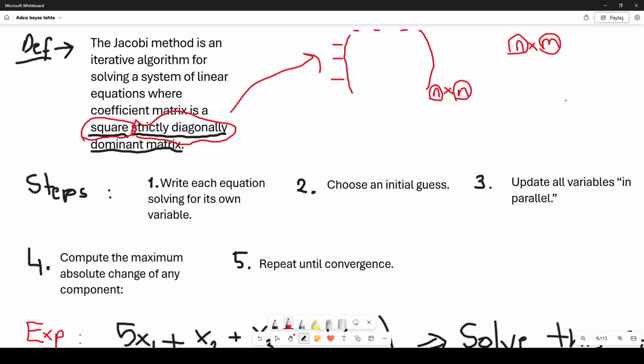Some values will diverge whereas some values will converge, but we will never be able to reach the exact solution in the case of infinite solutions either. So we need to have the unique solution case to apply the Jacobi method.